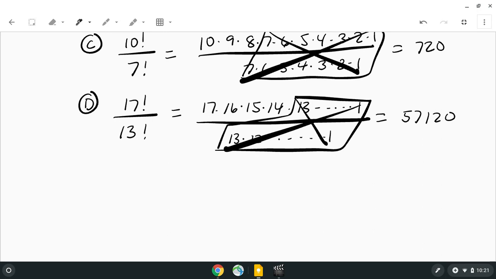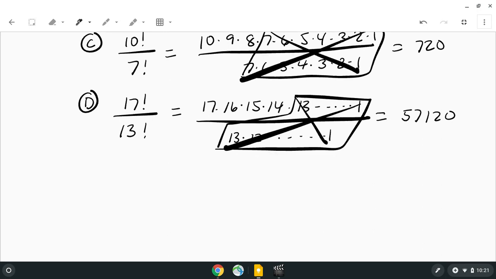Okay, so you should have gotten 57,120. Okay, so that's how factorials work. Let's take a look at the definition of this.